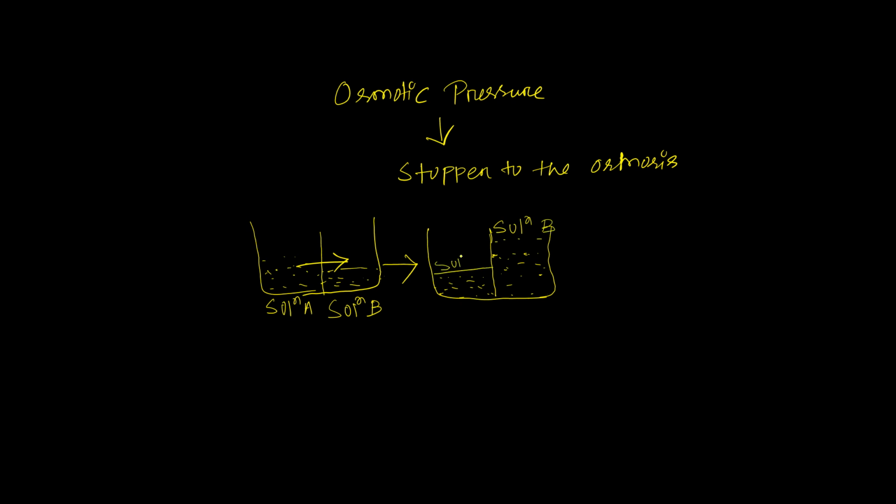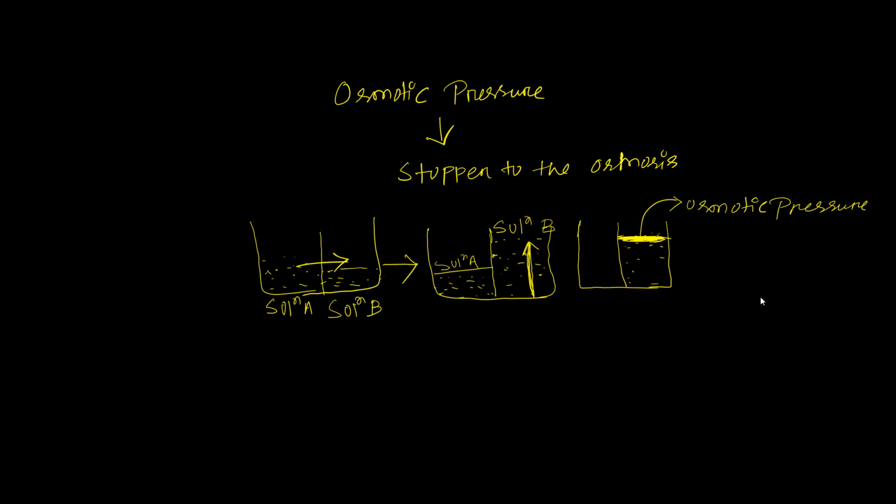If the increment goes on in solution B, a pressure will arise. That pressure, acting against the rise of solution B, is called the osmotic pressure. Got it?